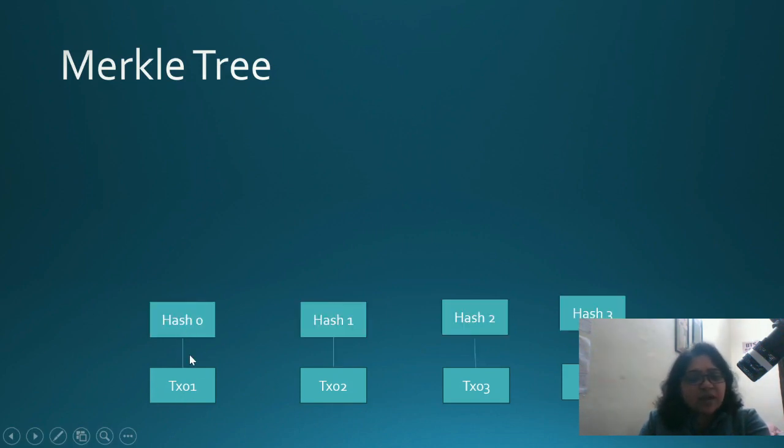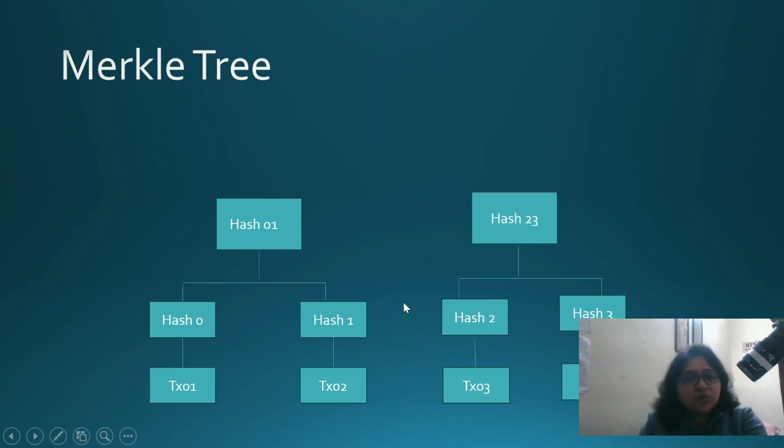Each transaction will have its own hash value. I'm giving these transactions' hash values as 0, 1, 2, 3 for easy understanding, right? Now what happens? These two hashes are concatenated and give you a single hash value as hash 0,1. Similarly, hash 2 and 3 are also concatenated and give you a value of hash 2,3.